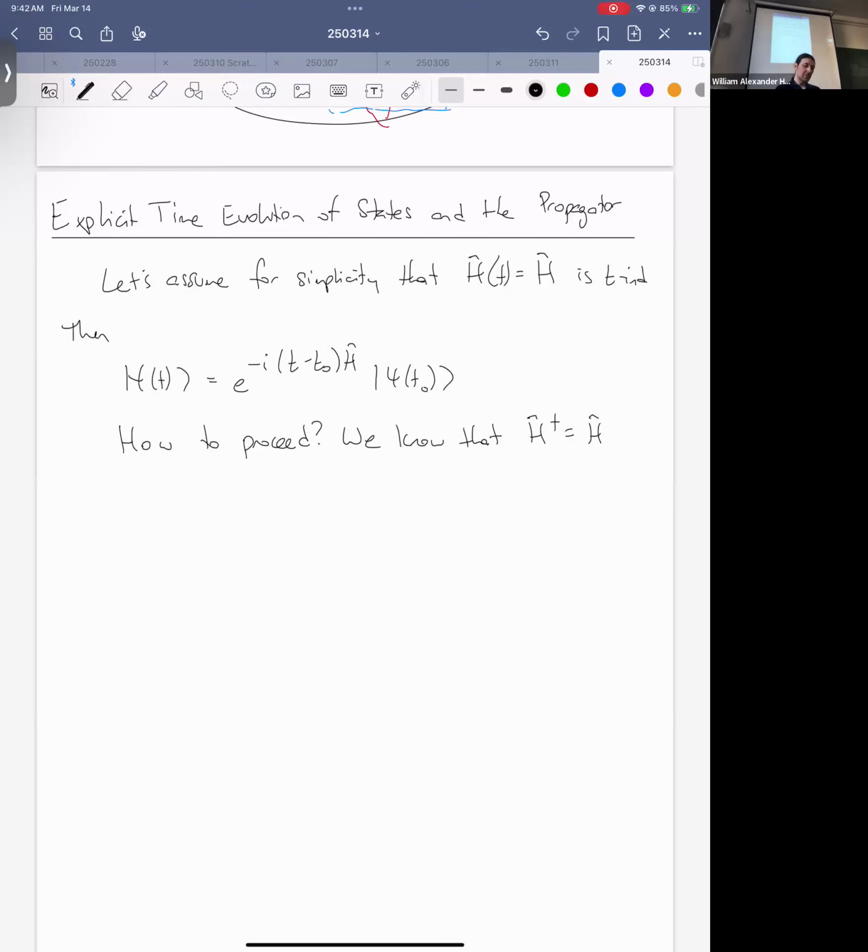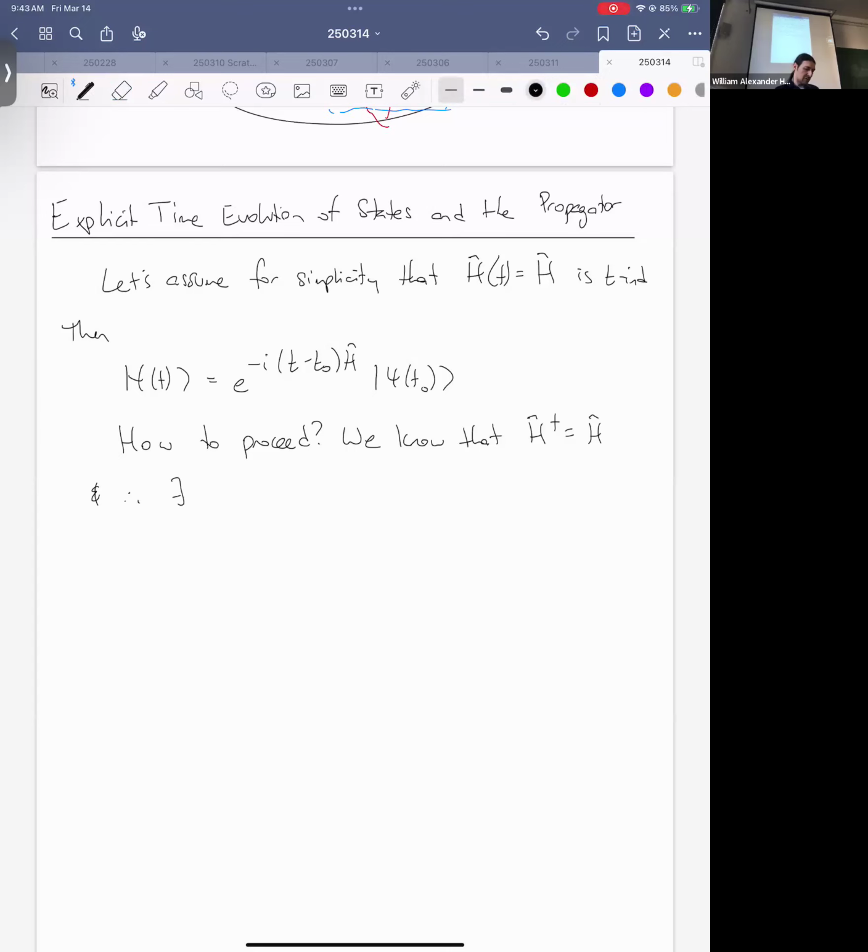Okay, good. So we know that the Hamiltonian is Hermitian. Good. So that means that the eigenvalues are real. What else does it tell us immediately? Exactly. Its eigenkets are a complete basis, which we can make orthonormal by the Gram-Schmidt procedure.